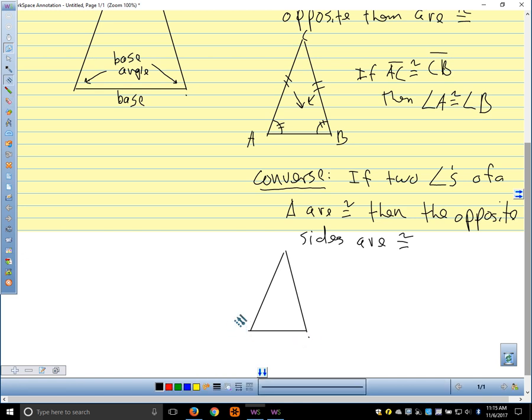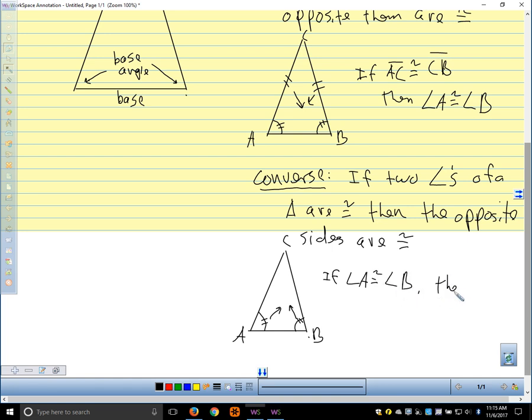So if we have triangle ACB, and we know that these angles are congruent, then the arrows just go the other direction. If angle A is congruent to angle B, then we know that segment AC is congruent to segment CB.